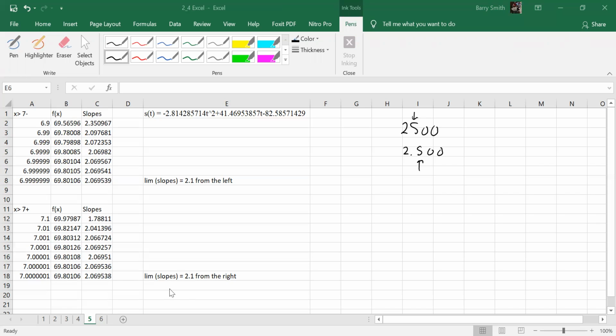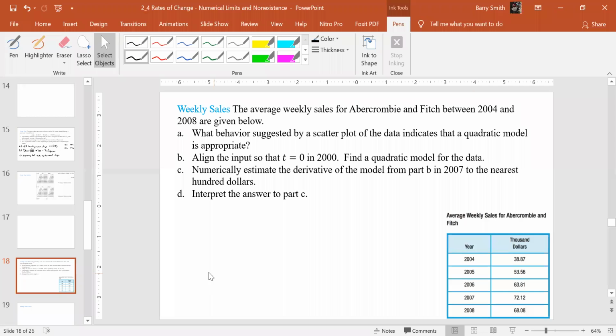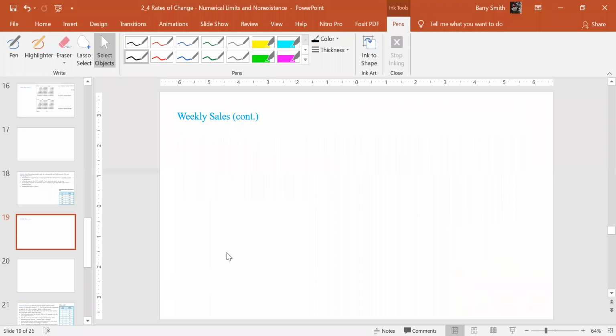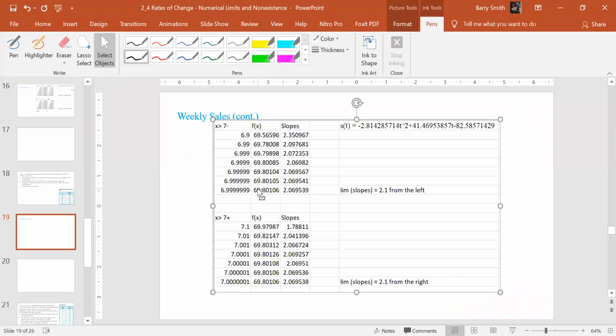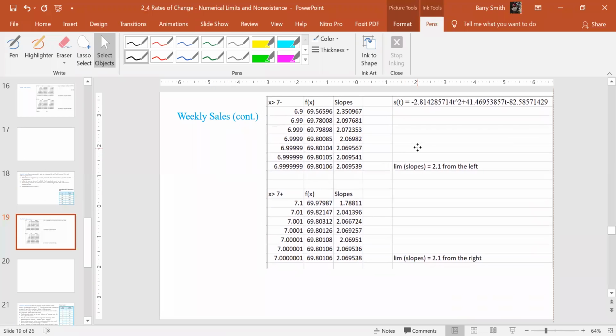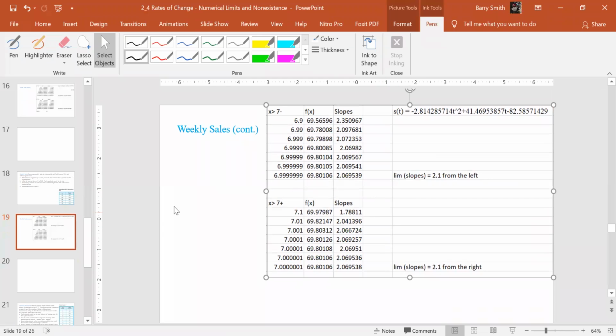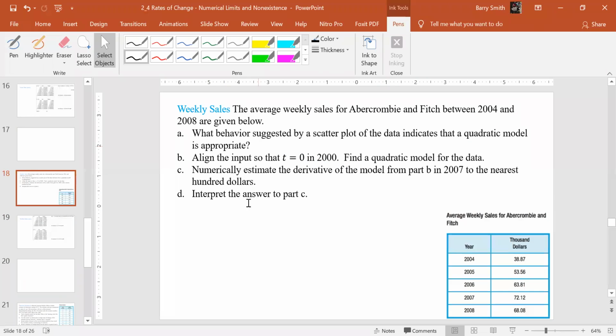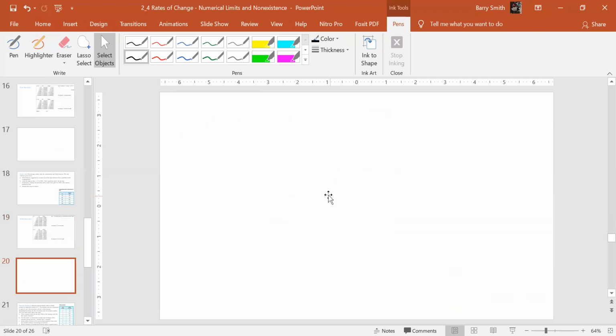Let me think here. What's the other question? Numerically, it doesn't ask for the percent rate, so I don't think we need to worry about that this time. Let's go ahead and paste that in there. We've got A up here.